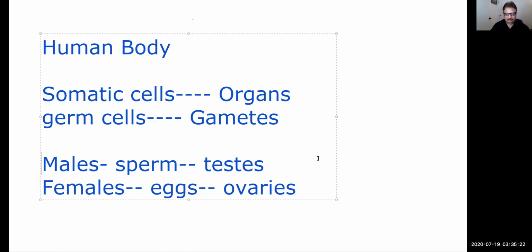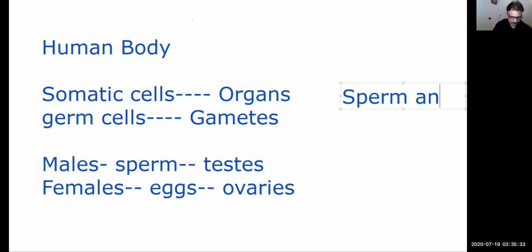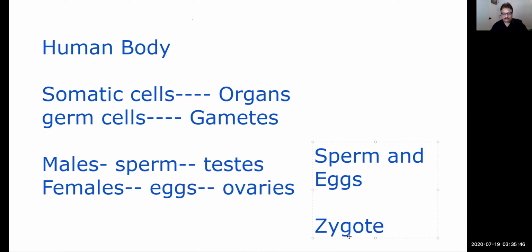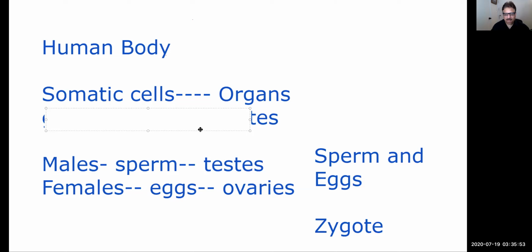So what happens during fertilization is that sperm and eggs meet and lead to the formation of a zygote. Right? So germ cells are responsible for the formation of gametes.